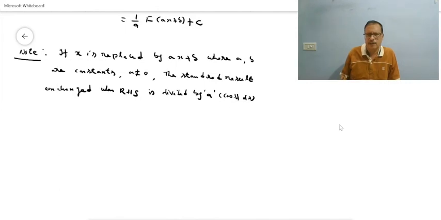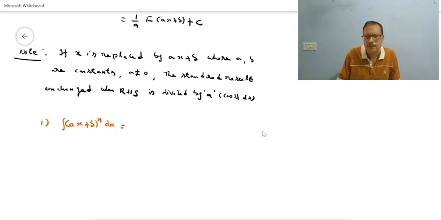Now we have some standard results. First one is integral of ax plus b whole to the power of n dx.